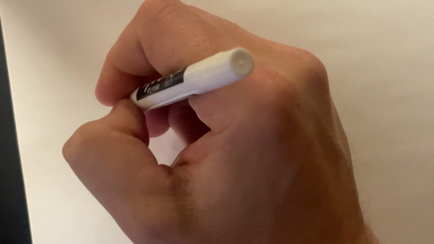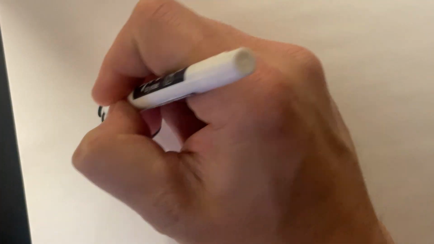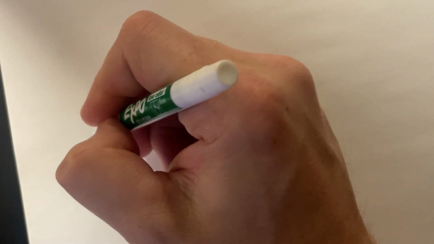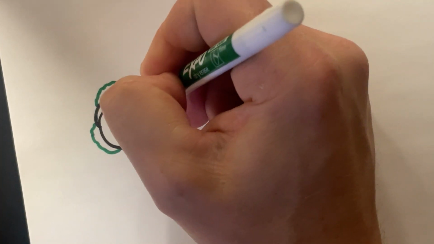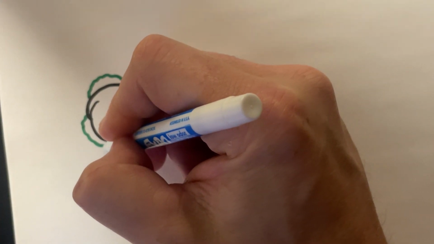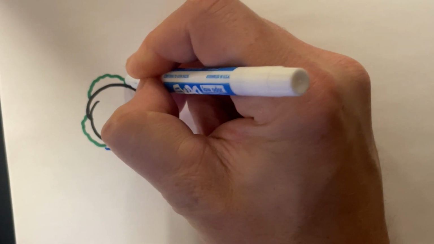Cool. Let's talk about the Earth for a second. I draw it pretty small. That's okay. Some different colors. Too much land, but that's okay.